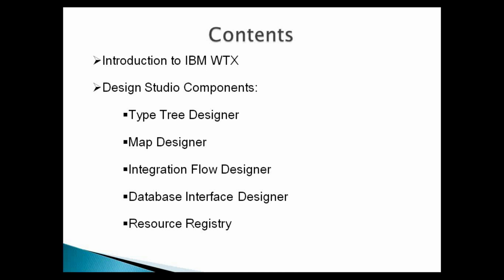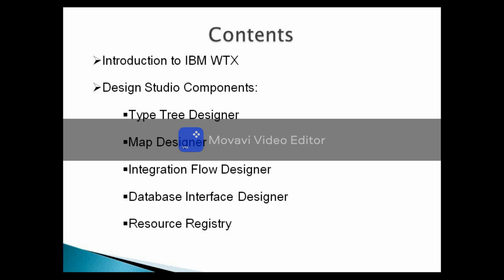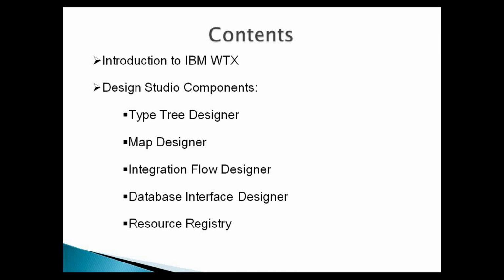Suppose we have to get the data from some table, we'll use this MDQ file along with the query, using some already built-in WTX functions. The built-in functions will get the data from the database. For that purpose, we'll create the MDQ file first using the database interface. Clear? Yeah, clear.